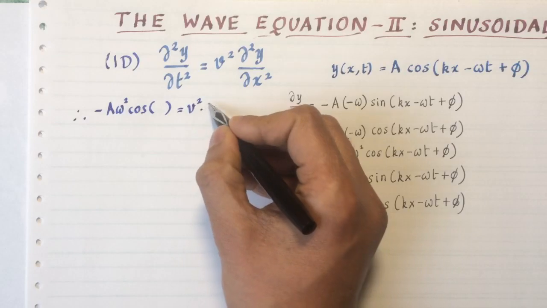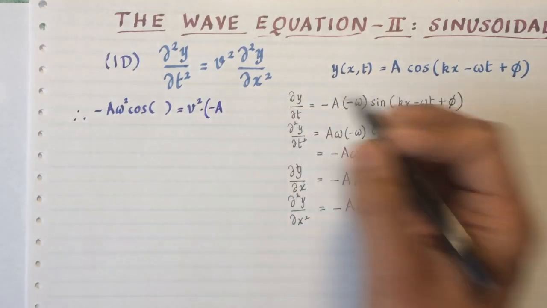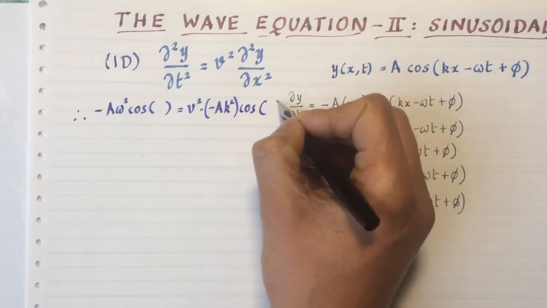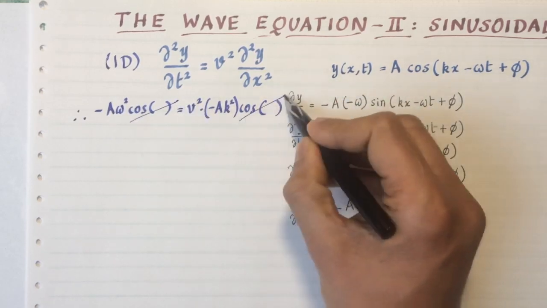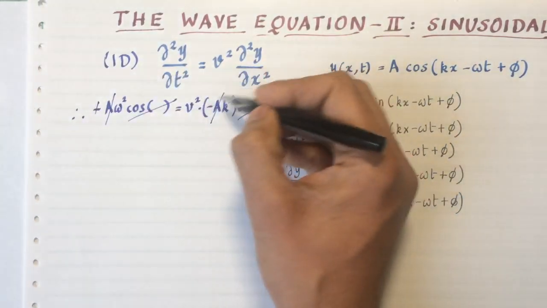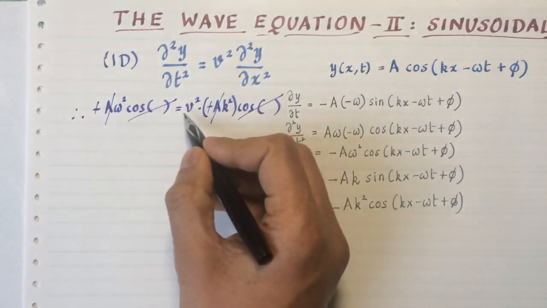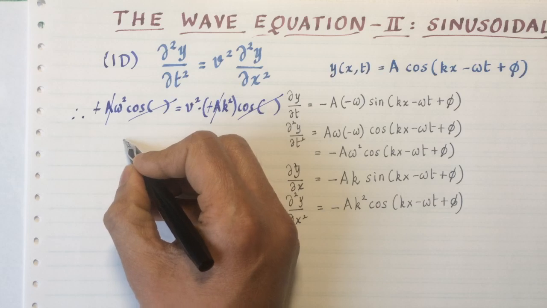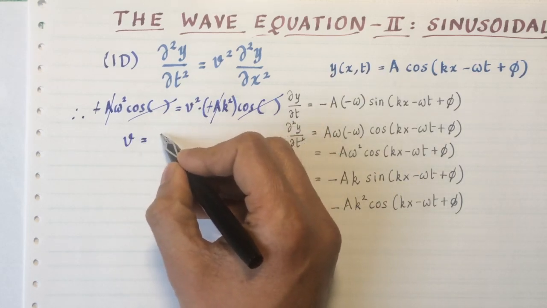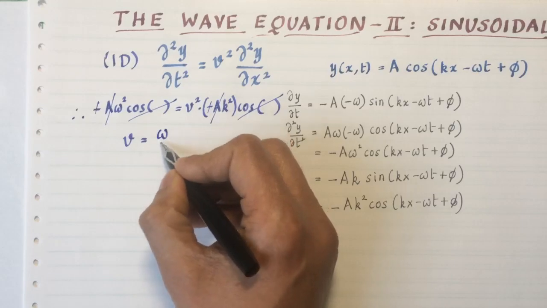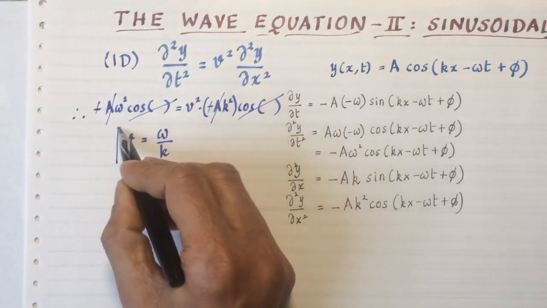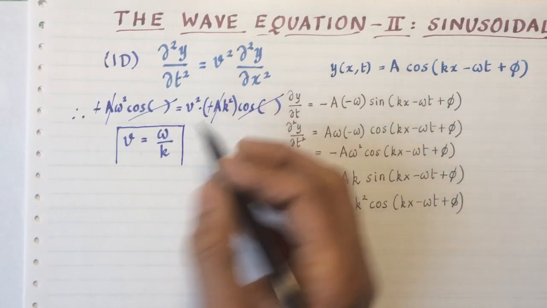And that's negative A times k squared times the cosine of those arguments. So you notice the cosine simply vanishes. The A also cancels out, as does this negative sign. So I'm left with the very nice expression for what the speed of propagation is. It's plus or minus, I'll just take the plus sign, omega over k. That's a concrete formula for the speed of propagation.